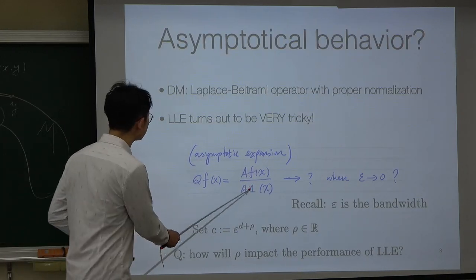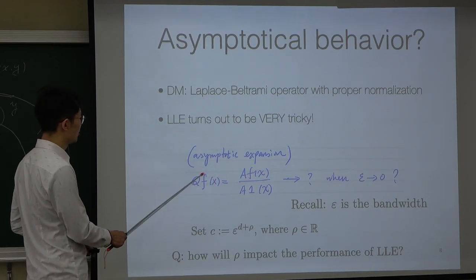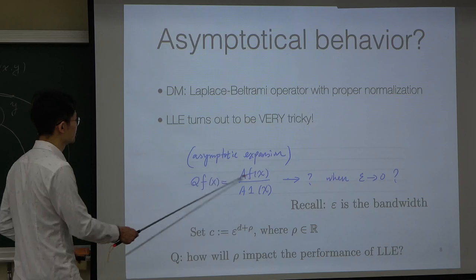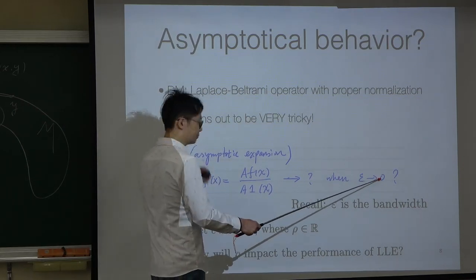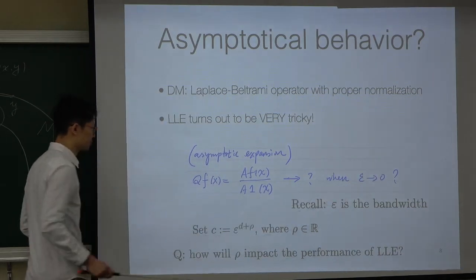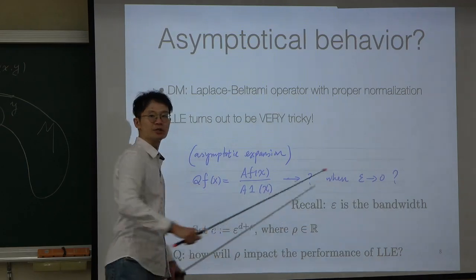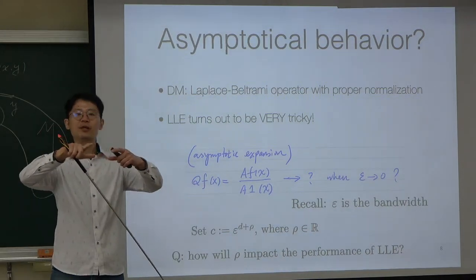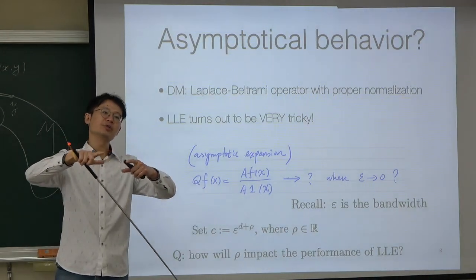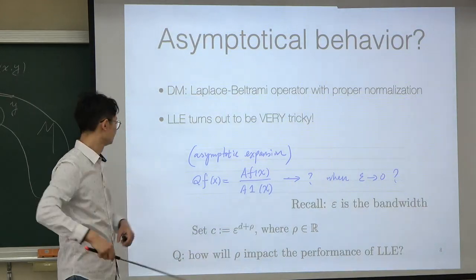So we want to ask, what will this integral operator converge to when epsilon goes to 0? This is already in the continuous setup. What will happen when epsilon goes to 0? And remember, what is epsilon? Epsilon is the bandwidth, which is the size of the epsilon ball you use to determine the neighbors when you evaluate the barycentric coordinate.